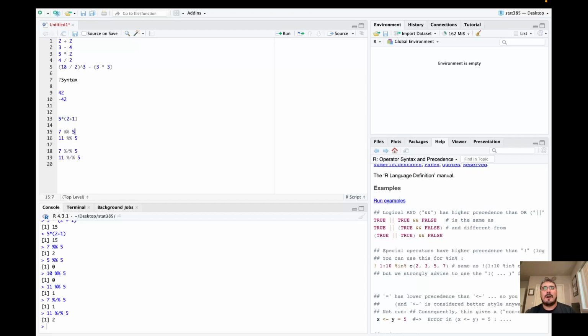Also, R has some basic functions already programmed in for your usage in base R. So I think I've said before that R as a programming language comes with a ton of statistical tools.